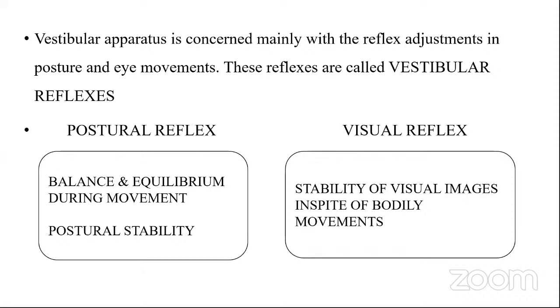The vestibular apparatus is concerned mainly with reflex adjustments in posture and eye movements. These reflexes are called vestibular reflexes. There are two types: postural reflex and visual reflex. The postural reflex is concerned with balance and equilibrium during movement, and postural stability.